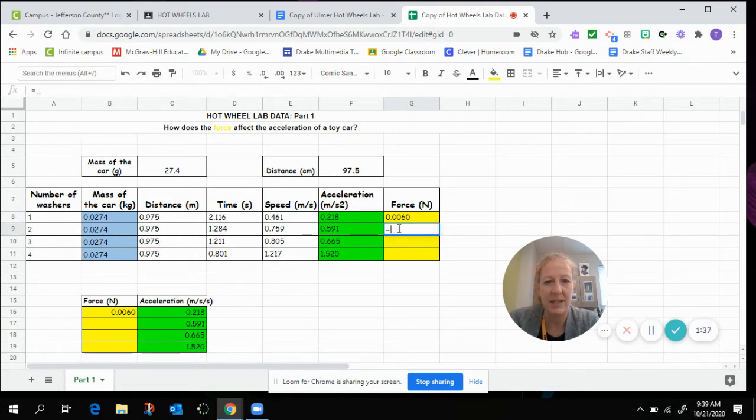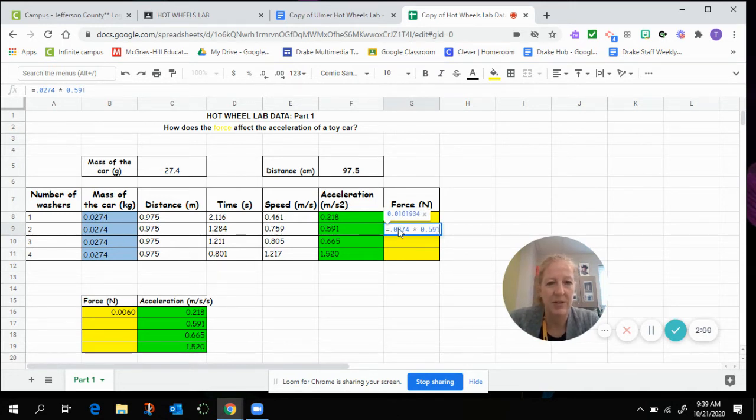Again, I'm going to type in equals, and I'm going to put the mass of the car, 0.0274, and I'm going to use a little star, an asterisk, so that's shift 8, times the acceleration. The acceleration with 2 washers was 0.0591 meters per second squared.